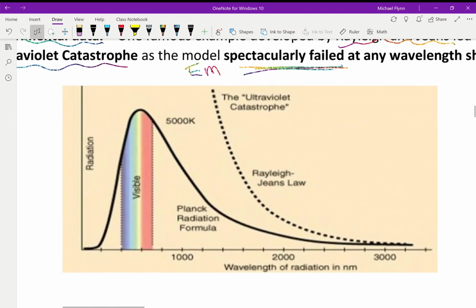So let me show you what the deal is here. Let's say you have an object that's at 5,000 Kelvin. That's pretty hot. That's like the photosphere of the sun hot.